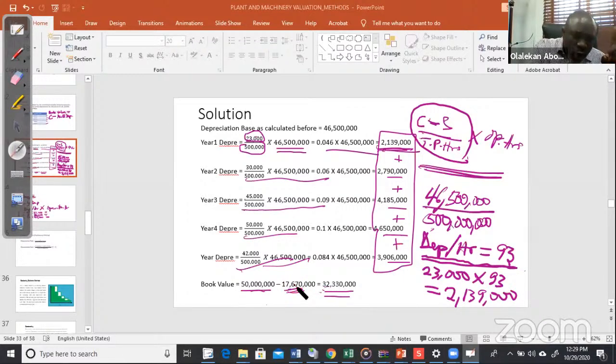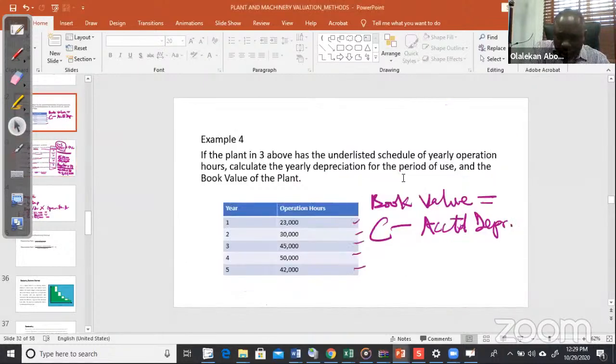But you will be missing one leg of your question. Your question says calculate the yearly depreciation for the period of use and the book value of the plant. So if you just sum everything together, you will get that 17 point something.